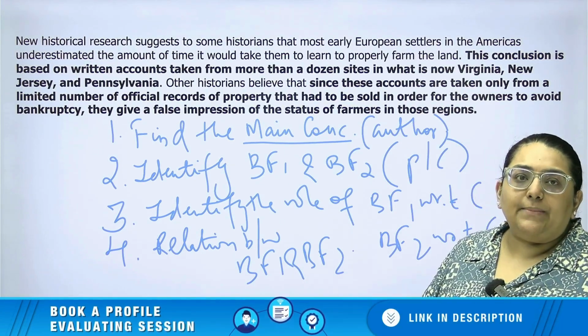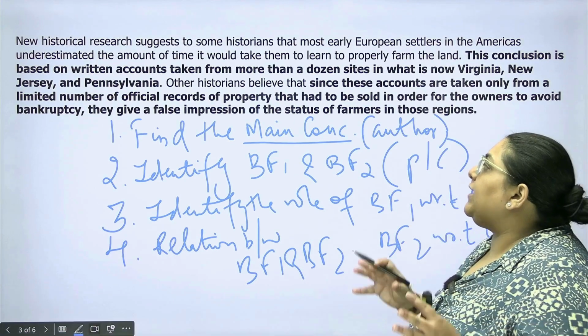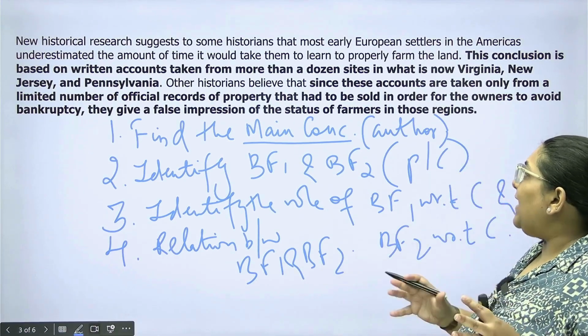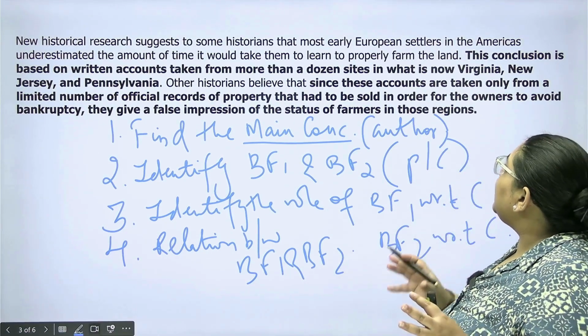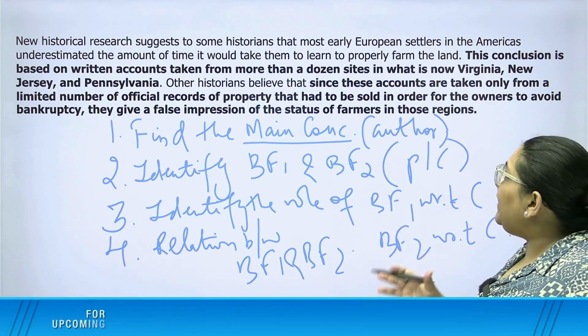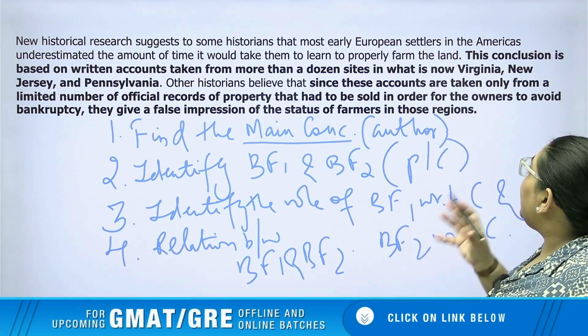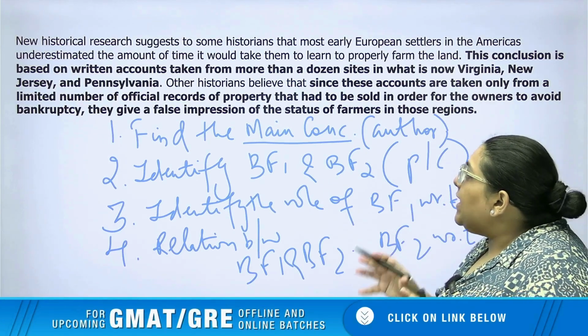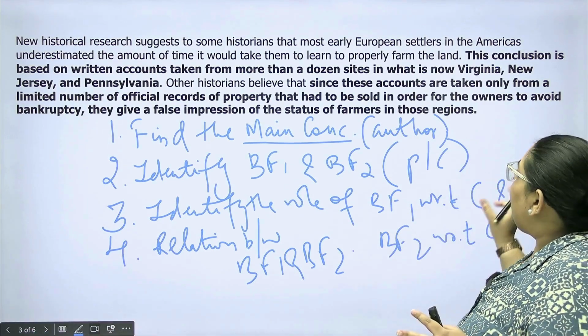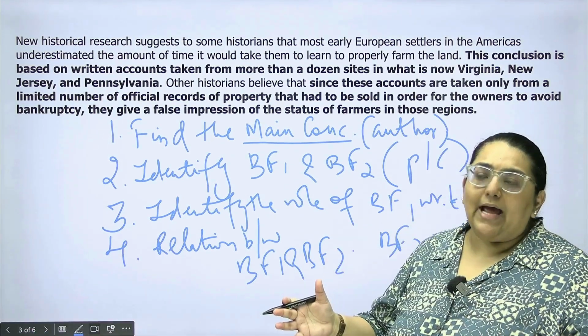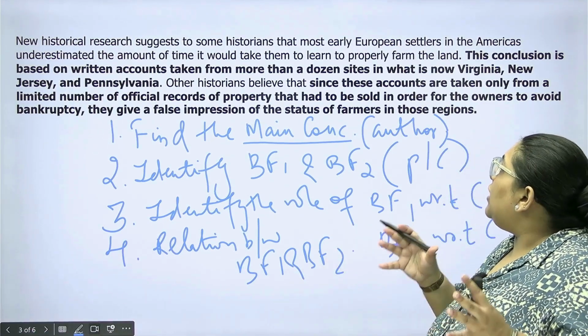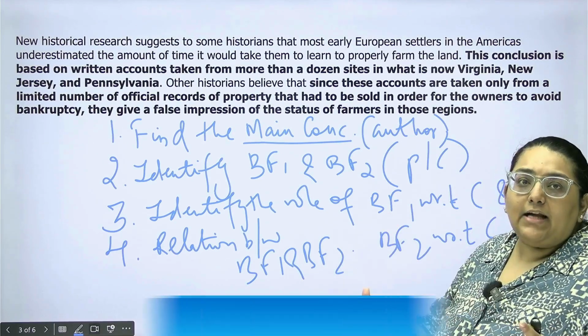So, what does this statement say? That the new historical research suggests that some historians were of the viewpoint that these early European settlers underestimated the time it would take them to learn to properly settle down in America.